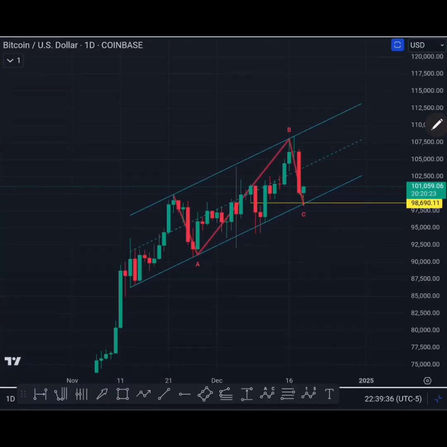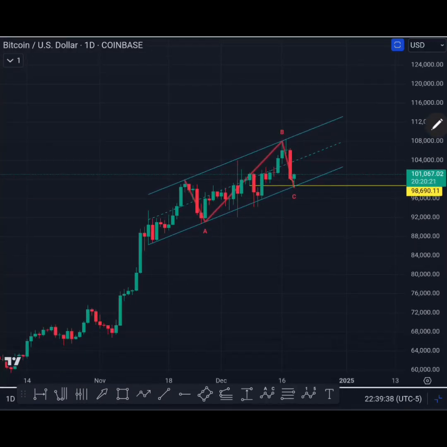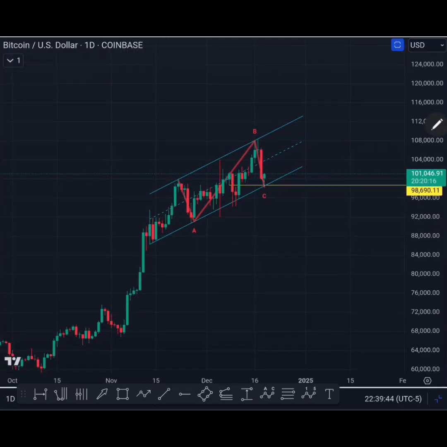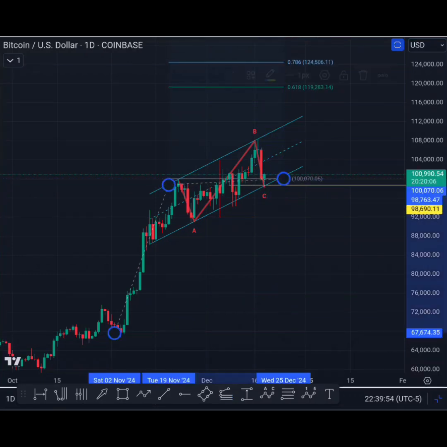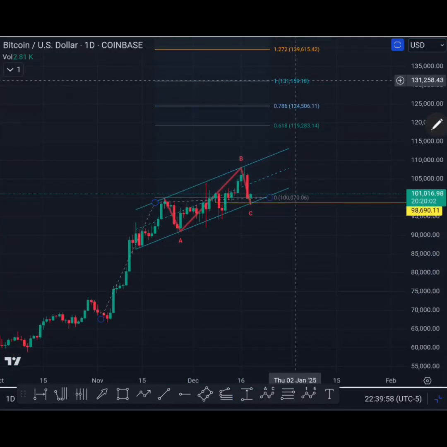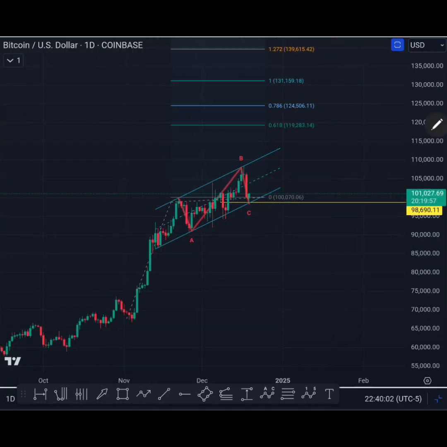Now, if those legs match like that, we have to project some targets if this leg is to repeat. I have it in linear scale, as it'll give a more conservative measurement, but this has the potential, on a closing basis, to reach 131,000 if you get an ABC up like that.